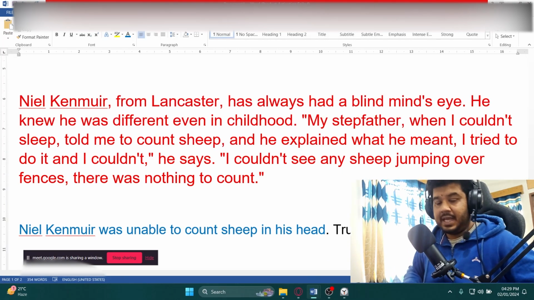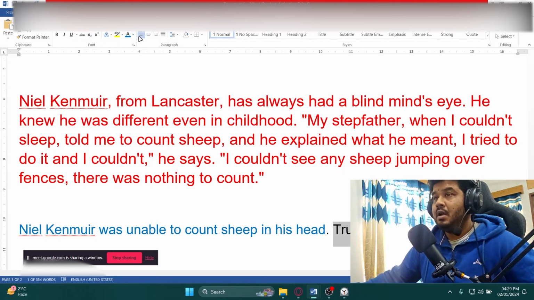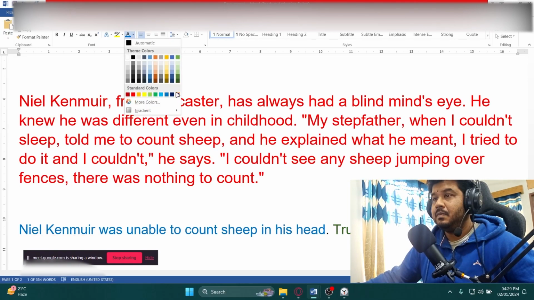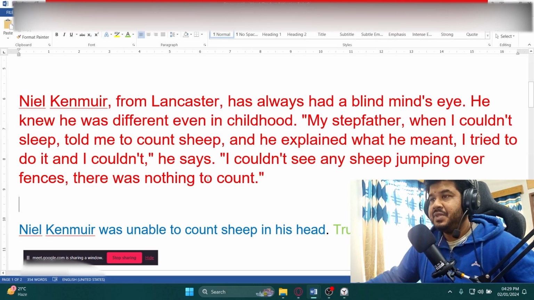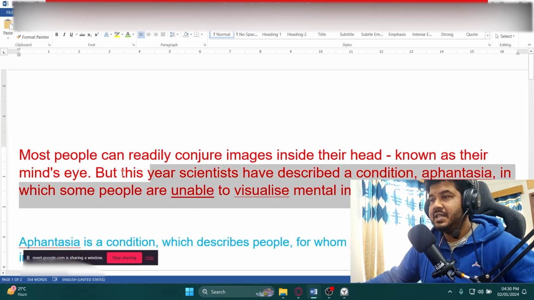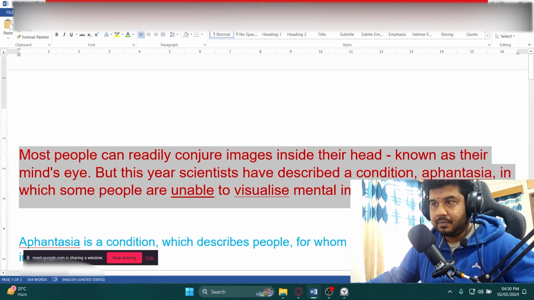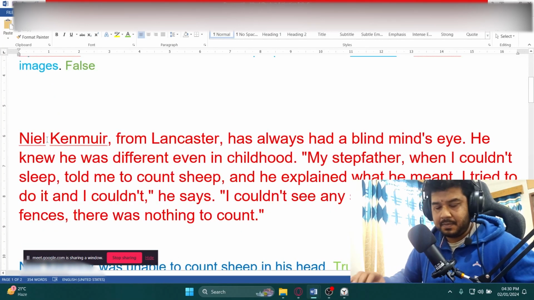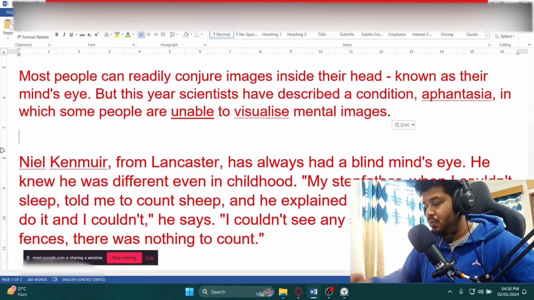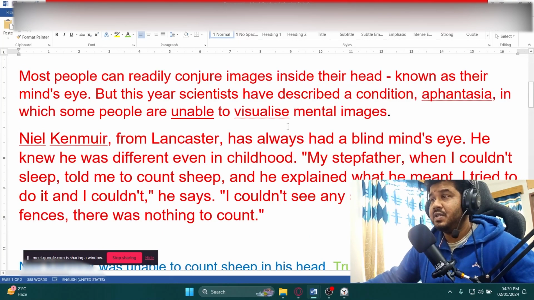The reason being, this is basically a continuation of this. I hope you remembered from here. It says aphantasia, which some people are unable to visualize mental images.